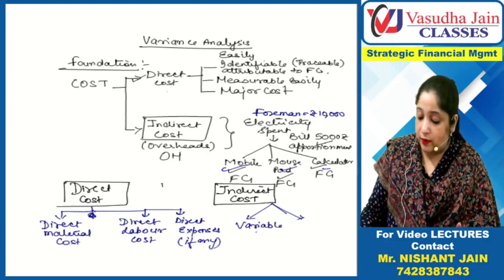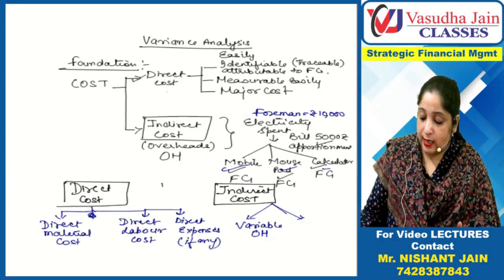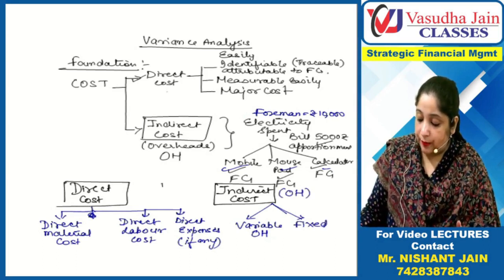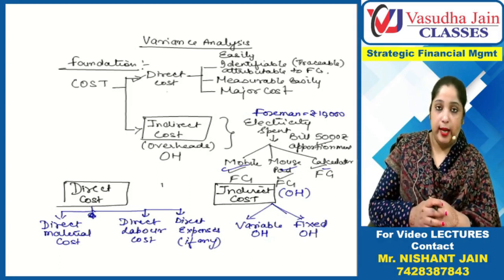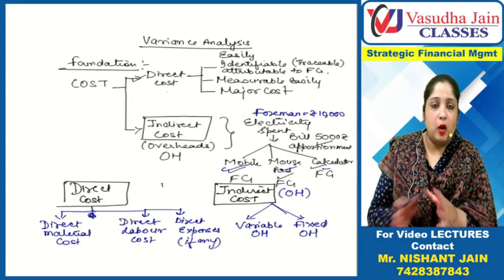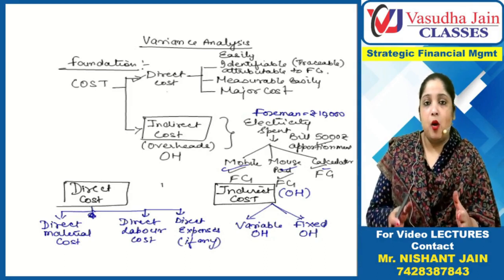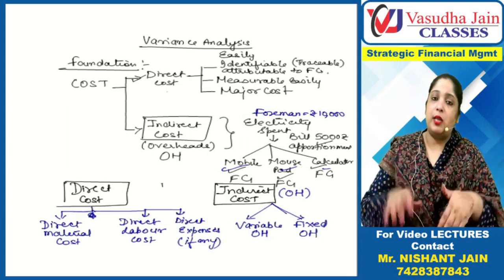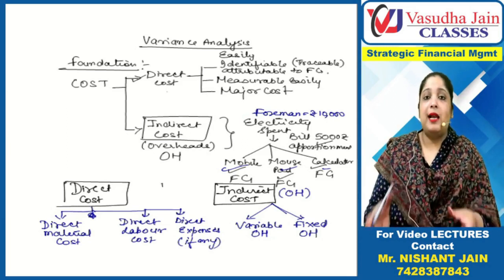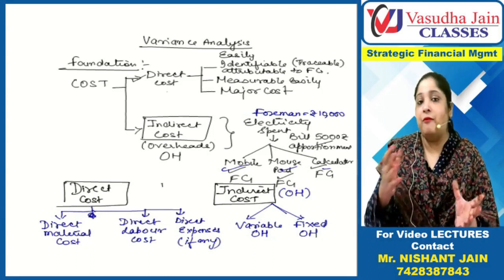Some indirect cost is variable overheads. Overheads implies indirect cost. And some indirect costs are fixed, termed as fixed overhead. Indirect cost is not classified as material or labor. Indirect cost can be of material also, of labor also, of any other cost also. We have classified indirect cost into variable and fixed portions.